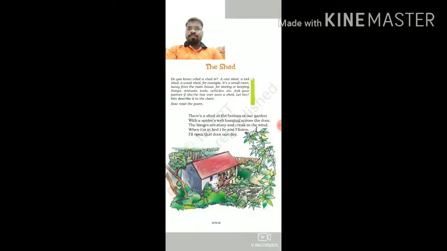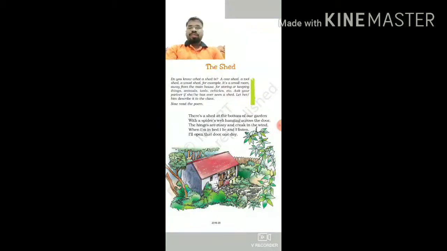Do you know what a shed is? A cow shed, you might have heard about it. A tool shed, yes, obviously. A wood shed, for example. It's a small room away from the main house for storing or keeping things, animals, tools, or vehicles, etc. So, a shed is a place where olden things are kept.